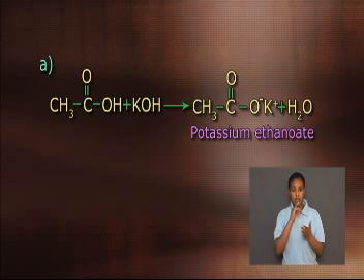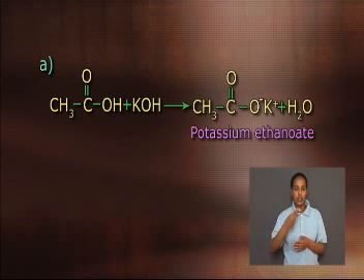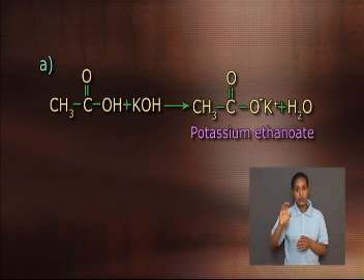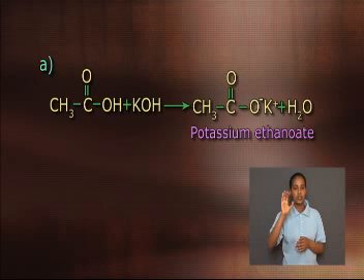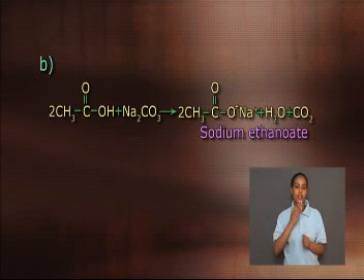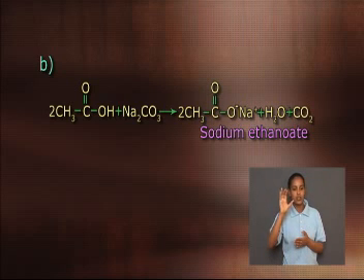This is the chemical equation for the reaction between ethanoic acid and potassium hydroxide. As you can see, the products potassium ethanoate and water are formed. From this, we can tell that potassium hydroxide is a strong base. This is the chemical equation for the reaction between ethanoic acid and sodium carbonate.